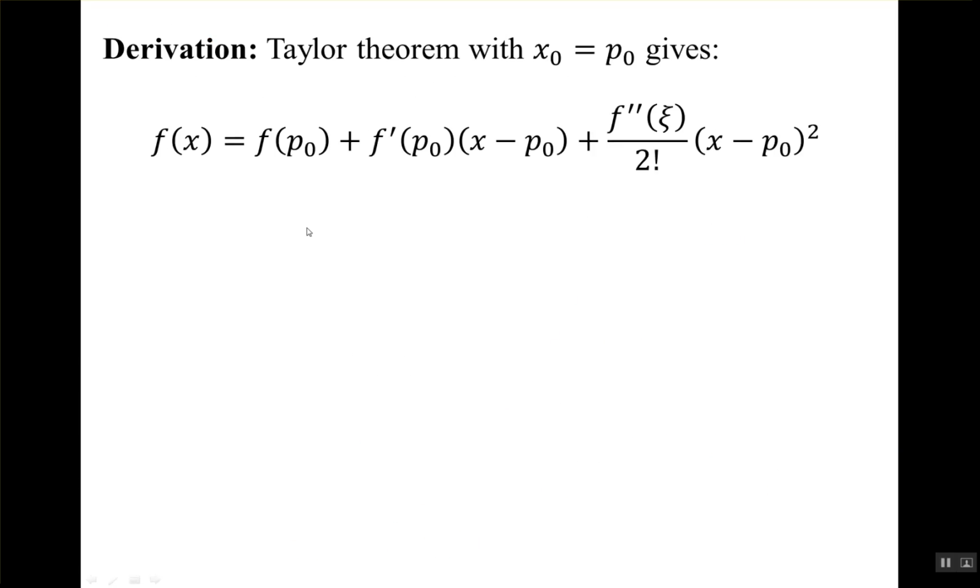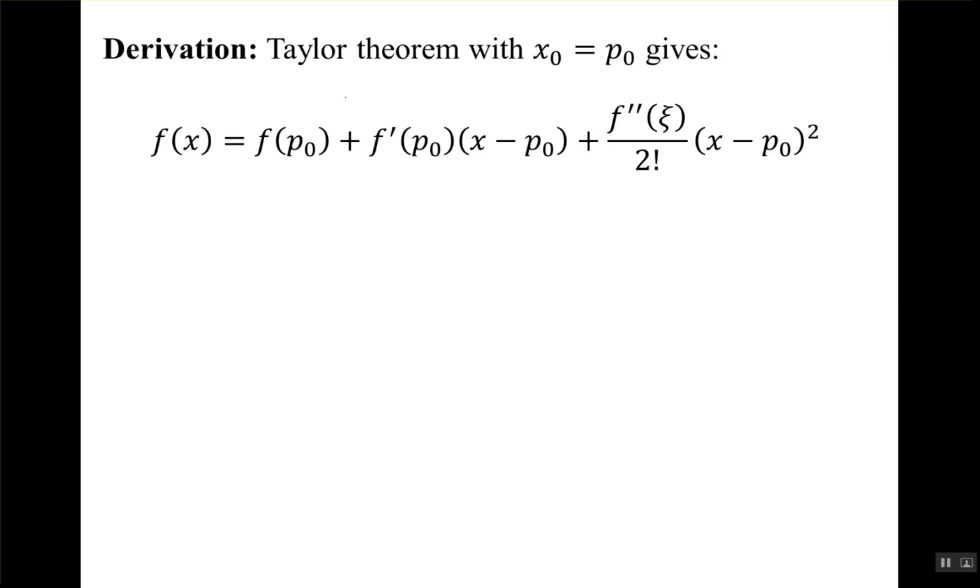Algebraically, there are a couple of different ways to introduce Newton's method. The first one is using Taylor's theorem. Taylor's theorem with just the first order approximation, this is it, with its remainder term. So Taylor's theorem gives us this result.